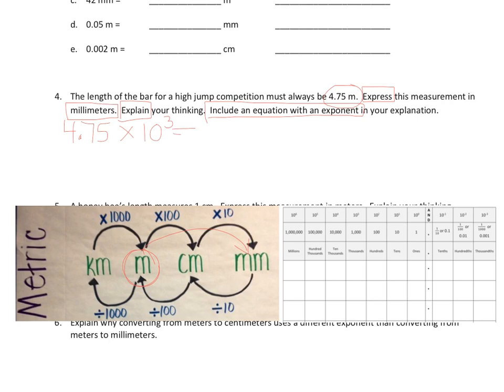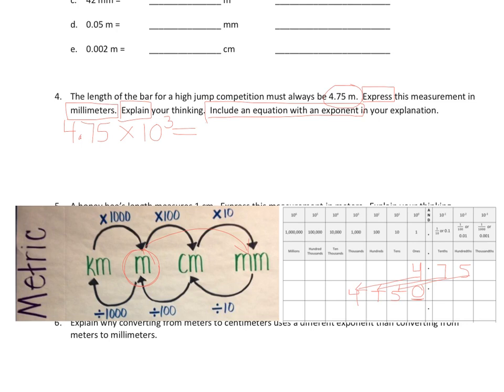When I put an equal sign and I put an answer or a number on the other side, that would be considered an equation. So I'm going to go ahead and use my place value chart to make sure that I multiply correctly and move my numbers over correctly. 4 and 75 hundredths multiplied by 10 to the power of 3, or 1,000, means my numbers are moving to the left 3 times. 4 goes into the thousands, the 7 goes into the hundreds, the 5 goes into the tenths on our whiteboard, and I have to fill a 0 in the ones.